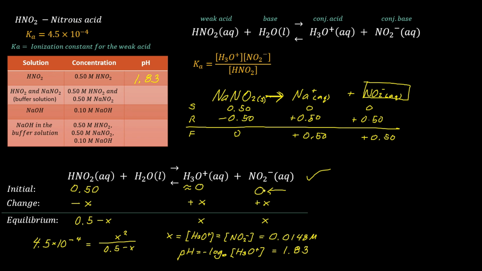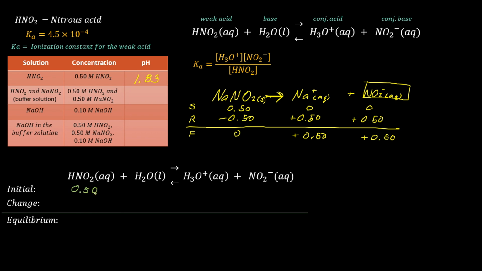So we will add 0.5 here, we will have a new equilibrium. So with that, we will be using another variable. Just remember the initial value that we place here. Whatever happens to our equilibrium, we place the original value, and the new variable that we place here will account for the new change in equilibrium, the shift in equilibrium for this system. Alright, so now we have 0.5 nitrite ion at the start. So hydronium is still approximately 0.